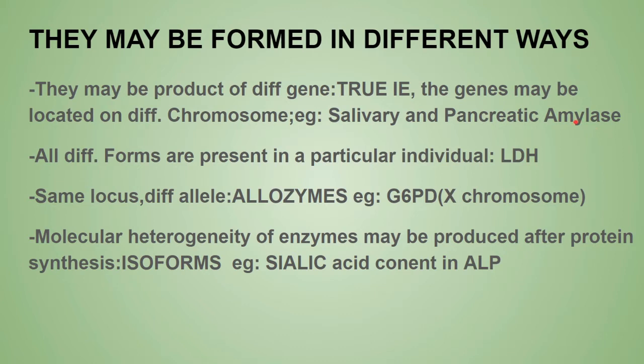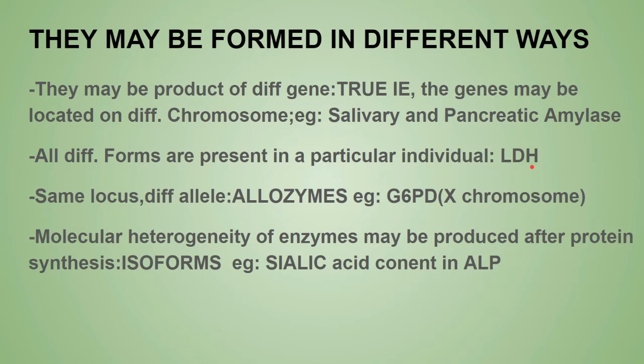Now next is all different forms present in a particular individual. Means sometimes in certain cases all the different forms of a particular isoenzyme, suppose a particular isoenzyme has different forms but the same function, all the forms may be present in a particular individual, and the best example is LDH, lactate dehydrogenase.